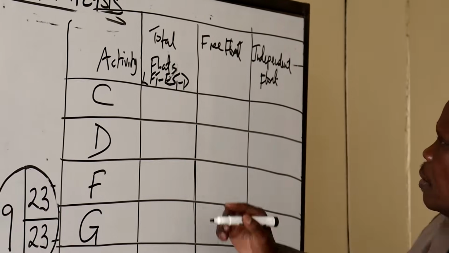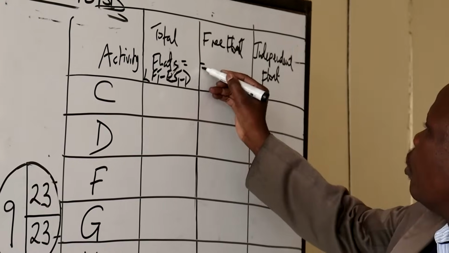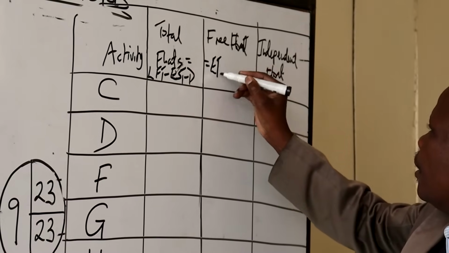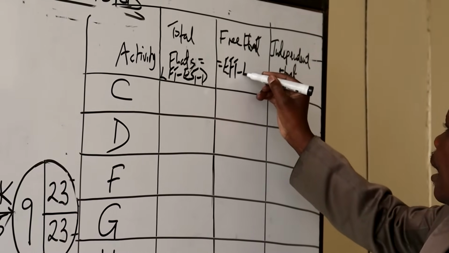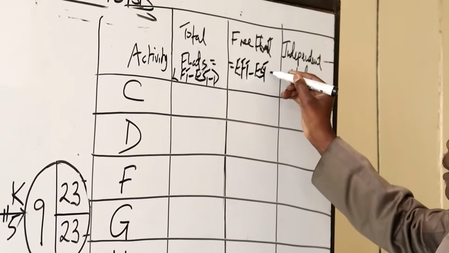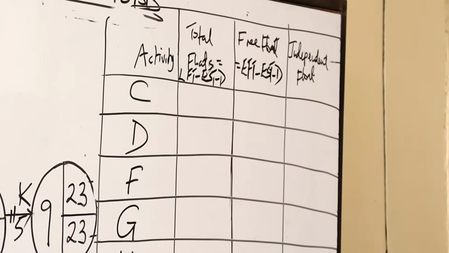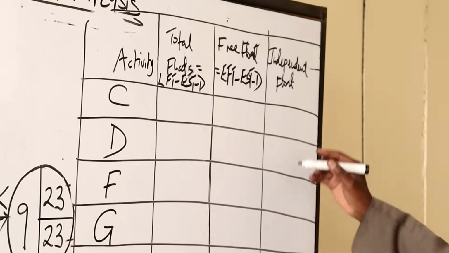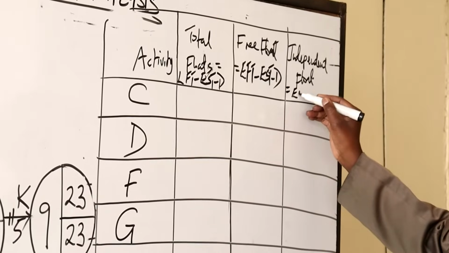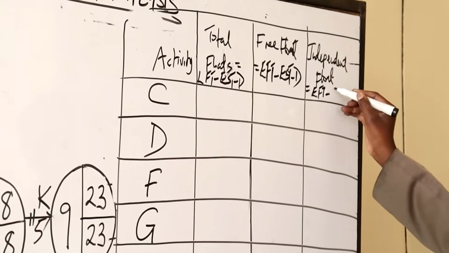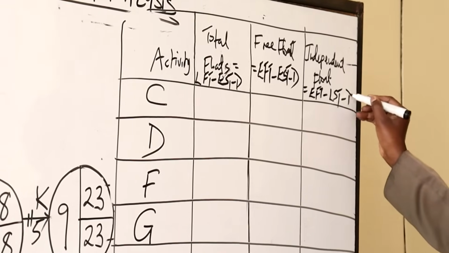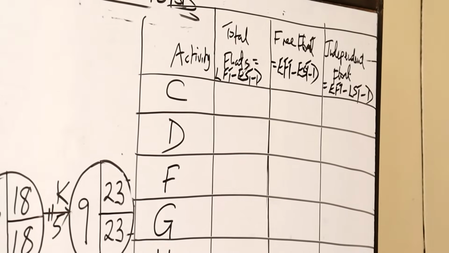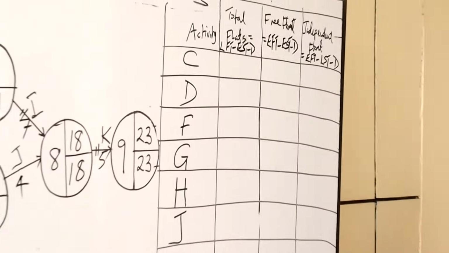Then free float is equal to earliest finishing time minus earliest starting time minus the activity duration, EFT minus EST minus D. Now, independent float is equal to earliest finishing time minus latest starting time minus the activity duration. Those are how to calculate the floats.